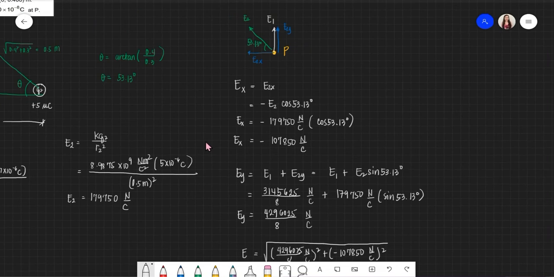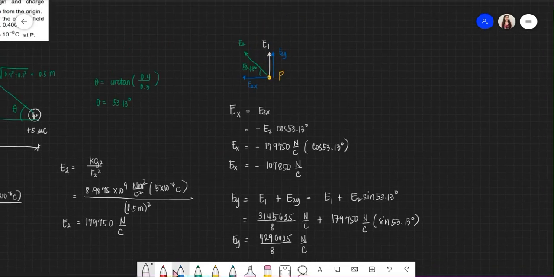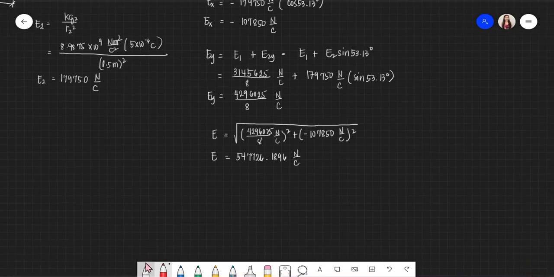And for the direction, the net angle, since we have a negative and a positive component, it means it's somewhere here. So let's say, for example, the angle here is alpha, which is arctan of Ey over Ex.